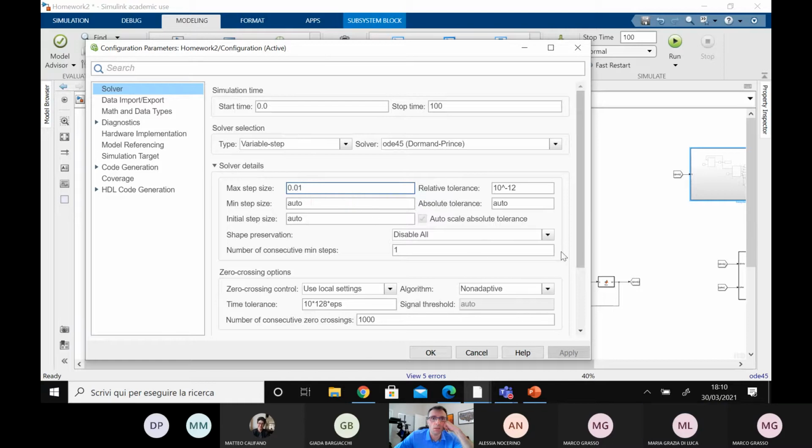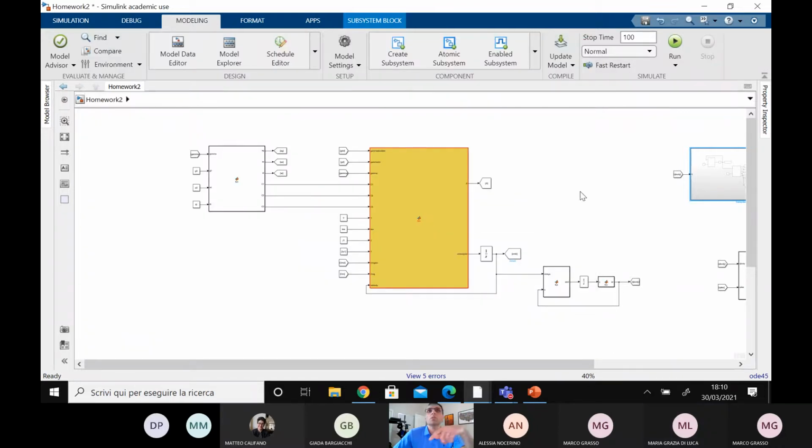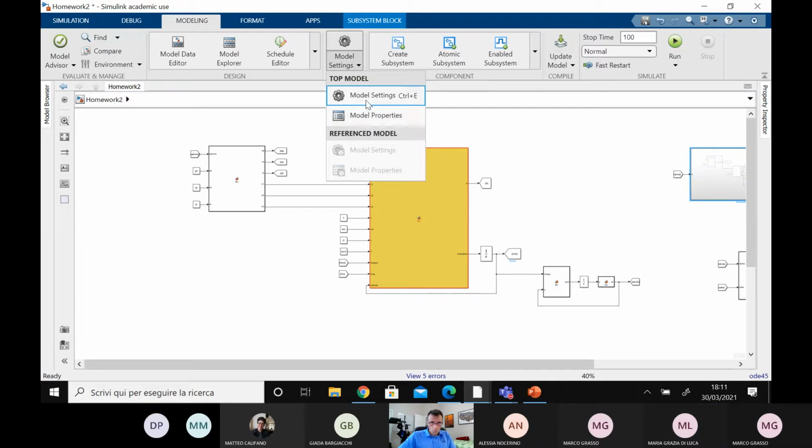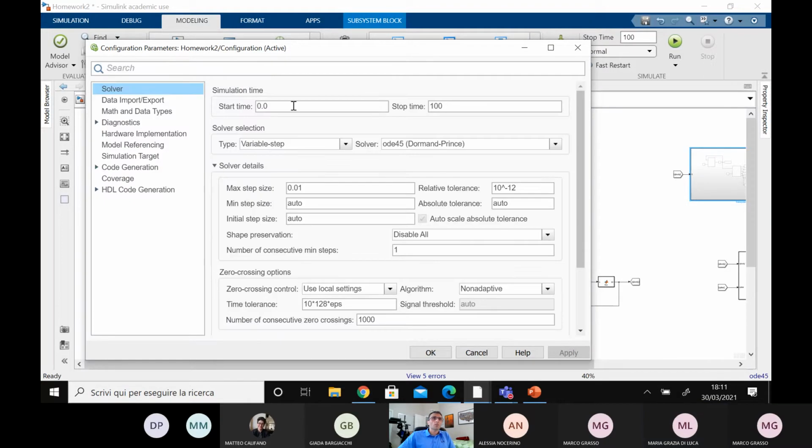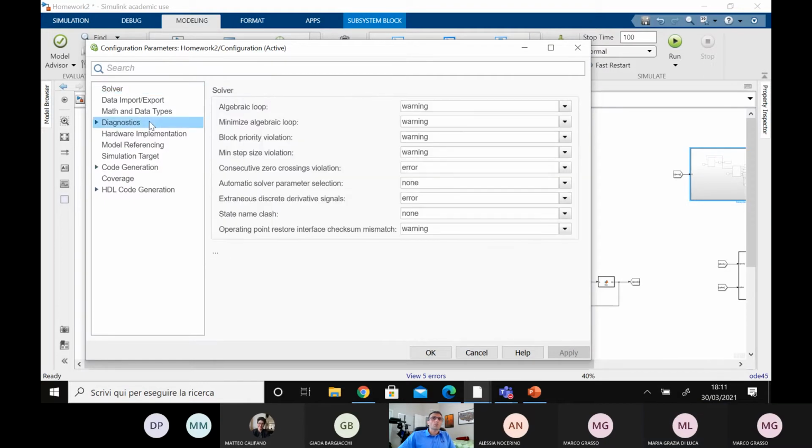Algebraic loop or no? No, before you close. Oh, you closed it. Can you open again? Sorry. Yes. That's fine. In the diagnostics. Now you are the same.